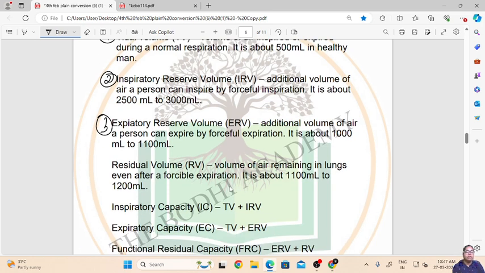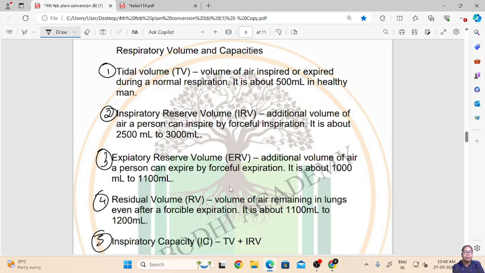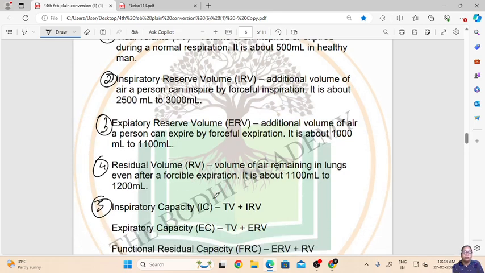Then comes your residual volume. Residual volume is the volume of air remaining in the lungs even after a forceful expiration. It is about 1100 to 1200 ml. Then comes your inspiratory capacity, that is IC. IC is equal to TV plus IRV, where TV is your tidal volume and IRV is the inspiratory reserve volume.